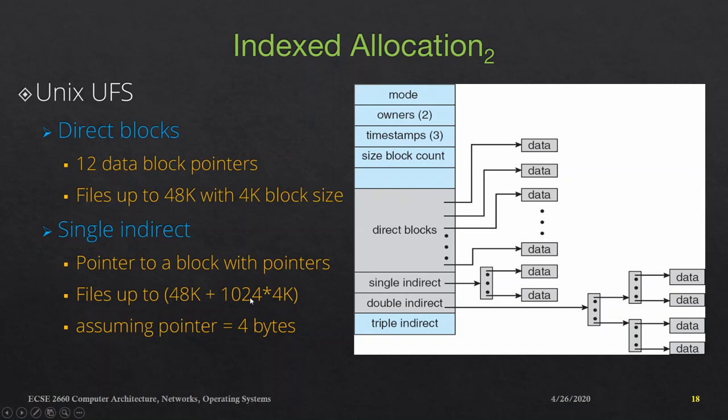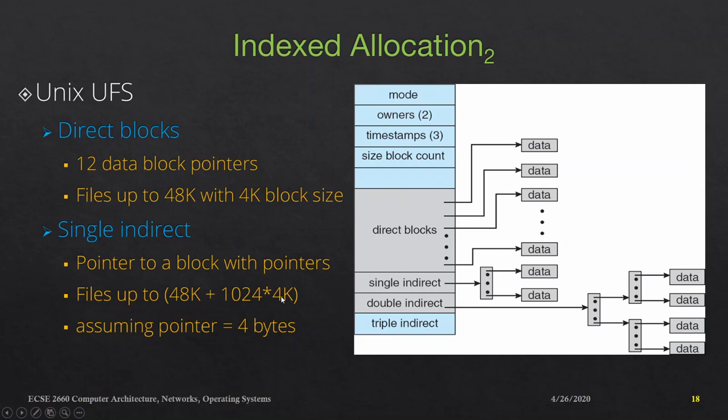Then we add the number of pointers being used, 1024, and we obtain 1024 by simply dividing the 4K block size by the pointer size. We have 4 bytes per pointer, so a 32-bit address, if you will.